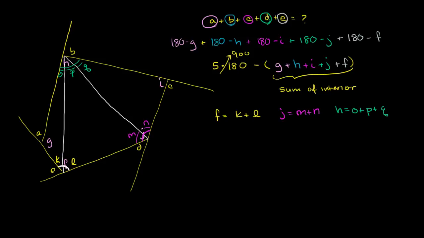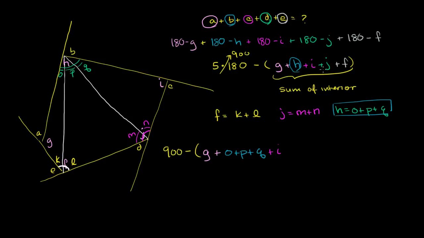Actually, let me write the whole thing. So we have 900 minus, and I'm not making a substitution for G, so I can write G plus, and instead of an H, I can write that H is O plus P plus Q, plus O plus P plus Q, and then plus I is sitting right over there, plus I, and then plus J. I kind of messed up the colors.